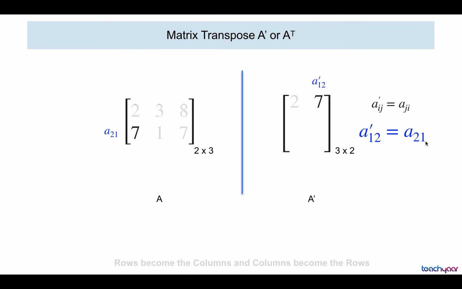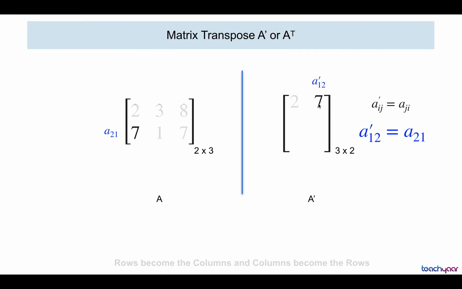You go back to A, second row, first column, that's a21. So A bar 12 is just this a21. So this a21 comes here. That explains what I mean by A bar ij is equal to a ji. The indices are just flipped. You just take the opposite or the flipped element.